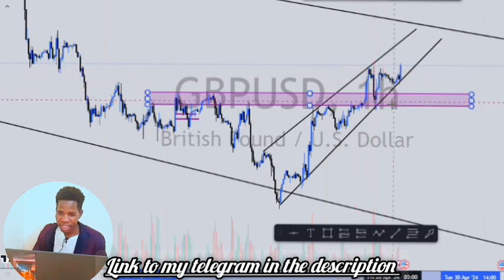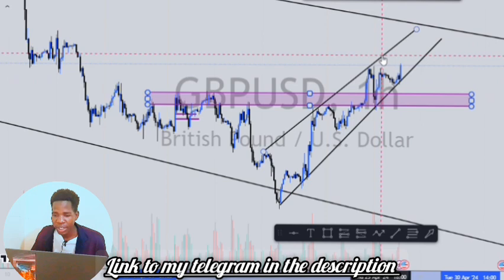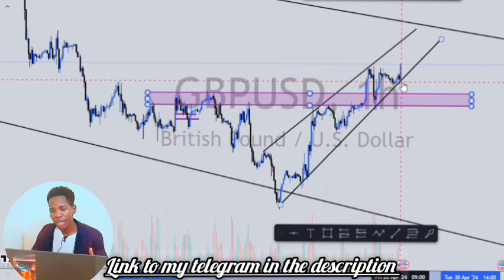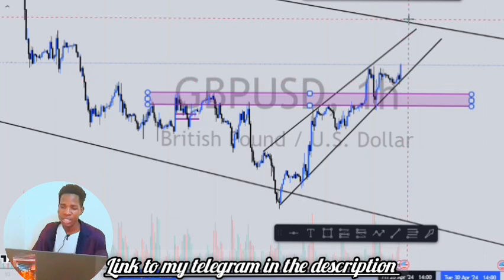As you can see here, this was a very good opportunity for you to take your buy opportunity as well. When the market came into this trend line, this is where you will capitalize your trades and make your own decision of buying this market up to this trend line.